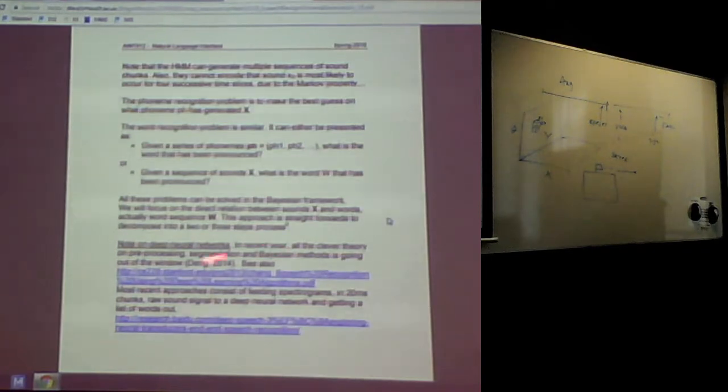There's lots of references here if you're interested. They have big claims, and one interesting claim is that they're actually better than humans now.